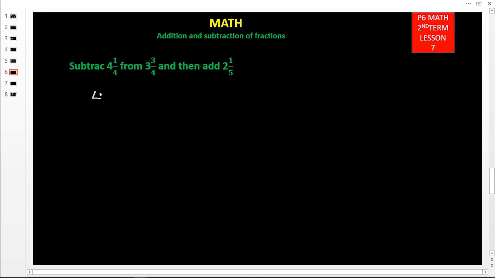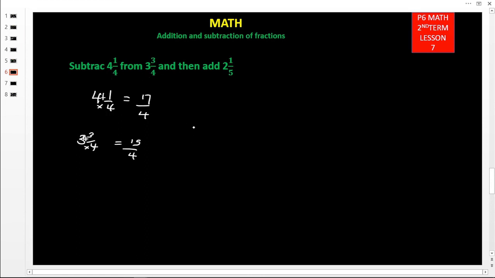So this is 4¼, which is going to give us 4 times 4 plus 1, that is 16, 17 out of 4. Then 3 3/4, 4 times 3 is 12, 12 plus this one, that is 15 out of 4. Now they are telling us to subtract this from, so we are subtracting this 4¼ from 3 and 3/4.